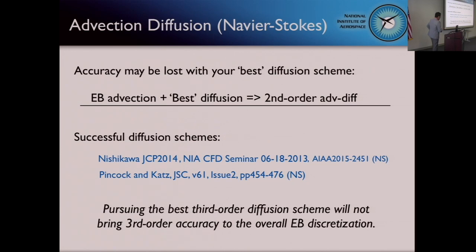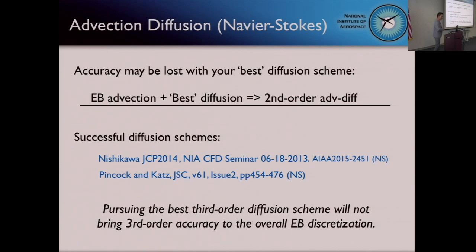And if you apply this beyond conservation laws, if you have a diffusion scheme, you can develop a diffusion scheme on your own, like third order, fourth order. But when combined, the accuracy reduces to second order. And there are successful diffusion schemes. One is the hyperbolic formulation, and then Pincock and Katz also developed a third order diffusion scheme that can achieve third order accuracy for diffusion. But it's not independently developed.